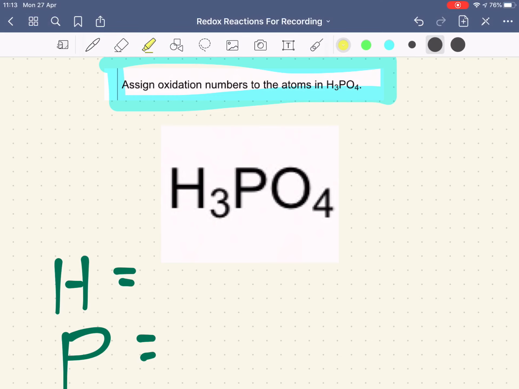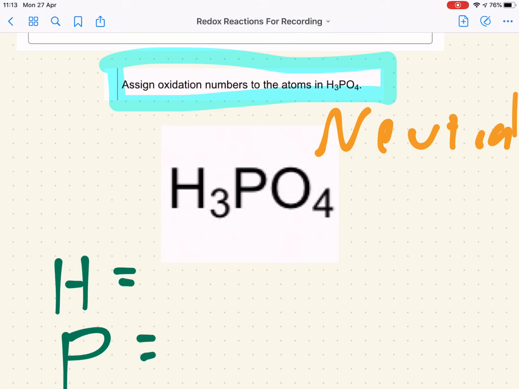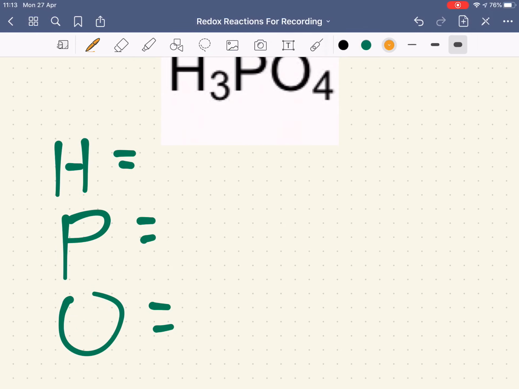Also notice that this thing is neutral. There's no plus or minus on it, so it's neutral. So we'll use the rules that we've got and start assigning some numbers here, okay? Hydrogen is usually +1. Oxygen is usually -2.